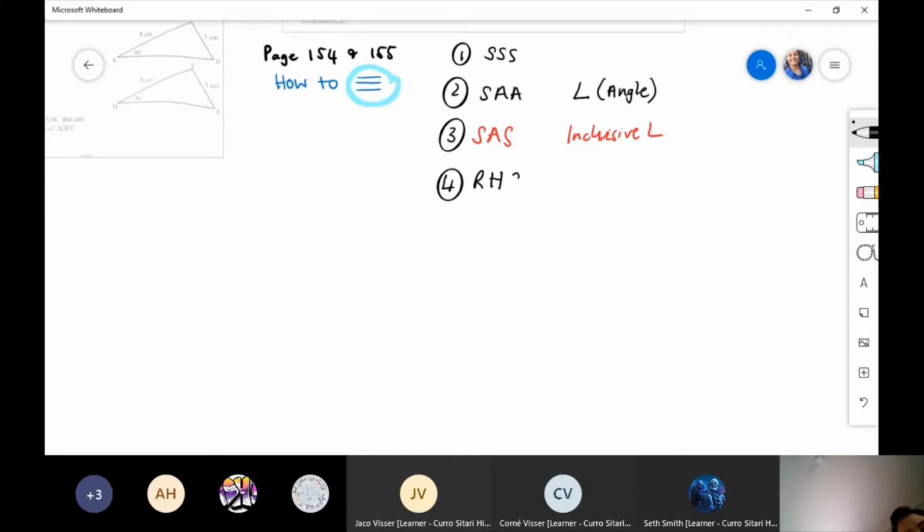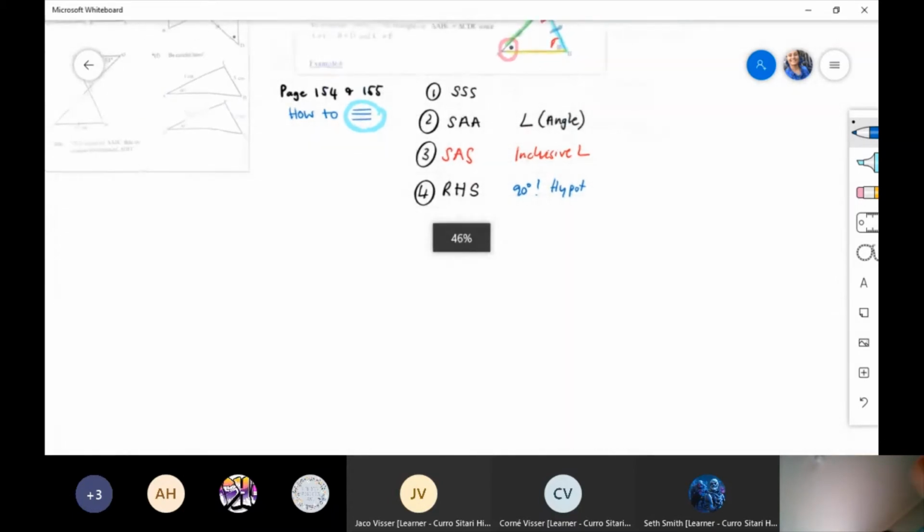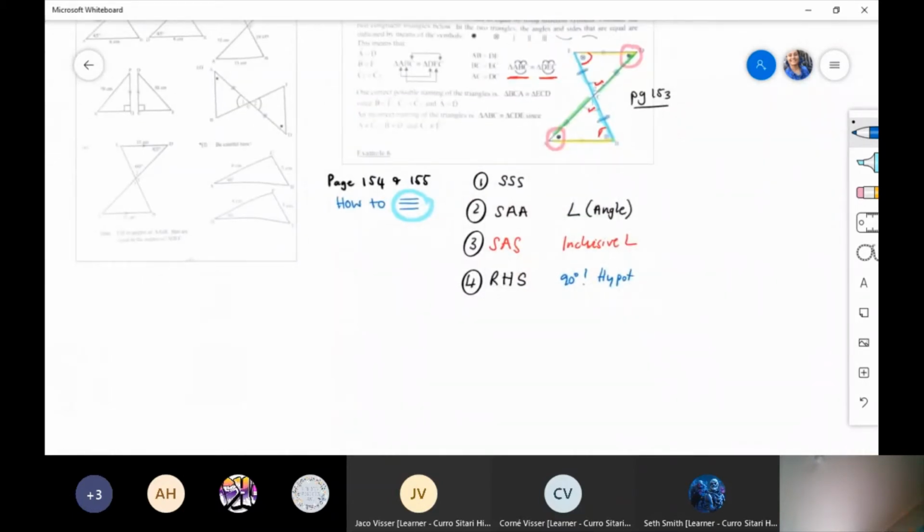It is the right angle, the hypotenuse, and a side. So that 90 degree there, we must see that 90 degree. We must have the hypotenuse. So in each case, we've got certain things that need to provoke that eyes opening up. We have to open our eyes and we need to spot it. We need to find it. We need to verify it.